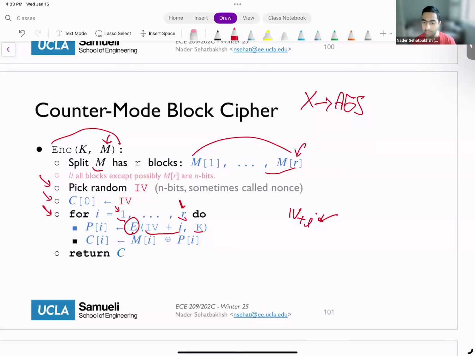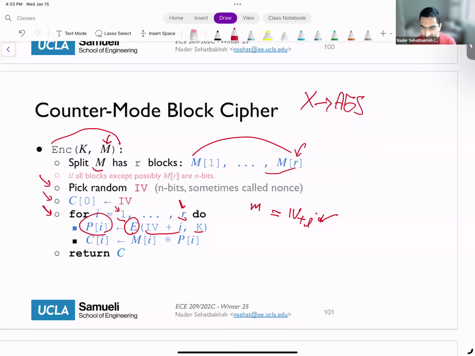i is kind of a counter, and that's why this is what we call counter mode. It starts from 1 and goes all the way to R. K is our secret key, and our input in this case is IV plus i. For each different i, this input will change.